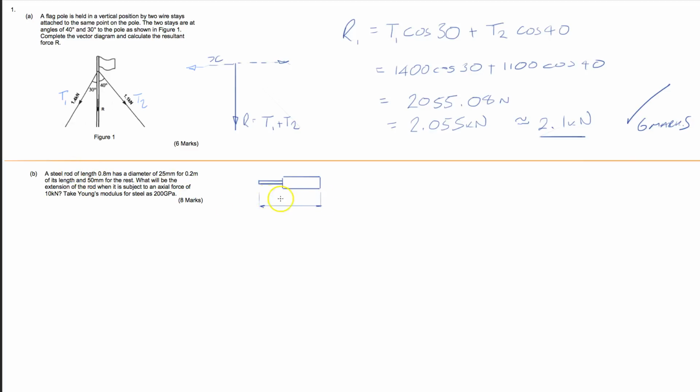Right, still at 0.8. A diameter of 25 mil, so diameter there of 25 mil. So that's 0.025. And you're going to be quicker in real pen rather than my graphics tablet effort here. For 0.2 meters.